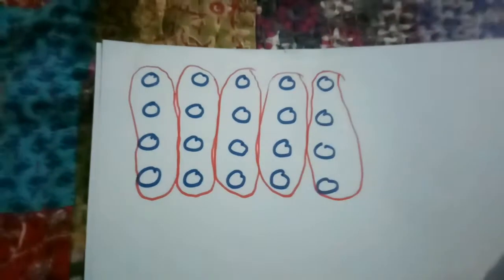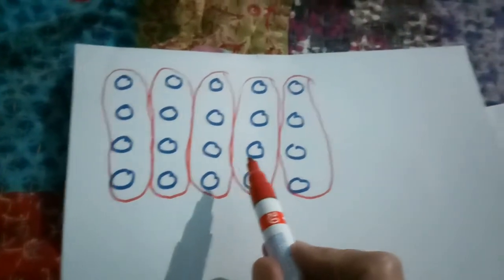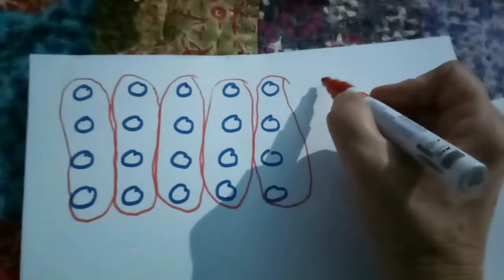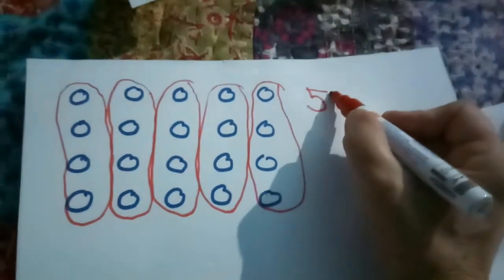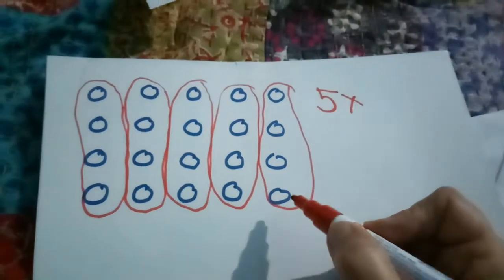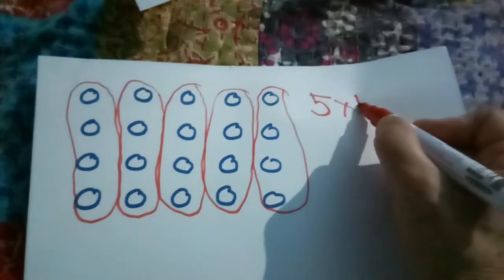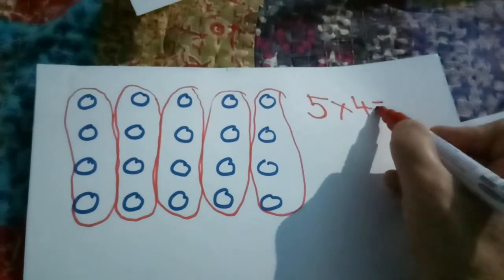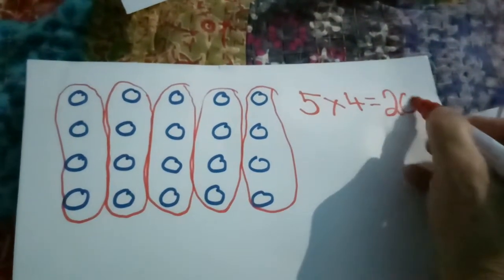Now, how many groups have I made? 1, 2, 3, 4, 5, right? So we can write our number down as 5 times, how many in each group? 1, 2, 3, 4. 5 times 4 equals 20. We know that. I'm going to write that there.